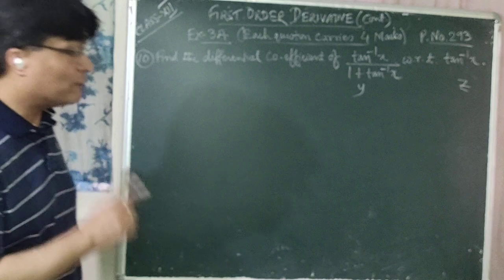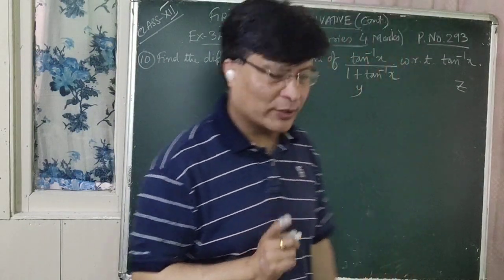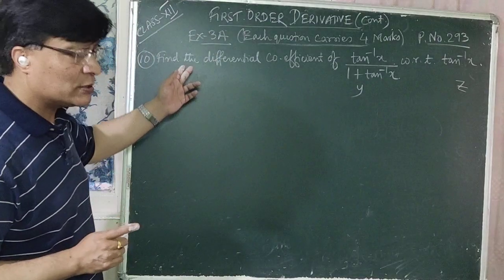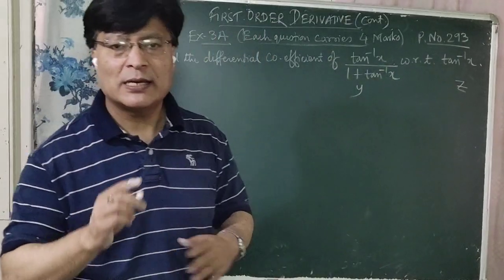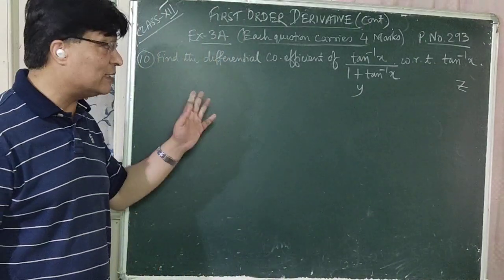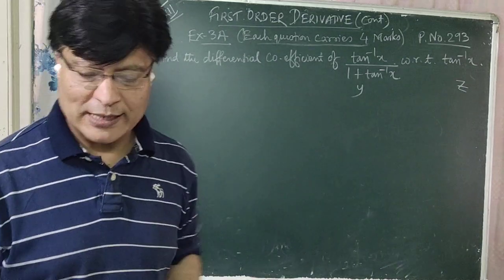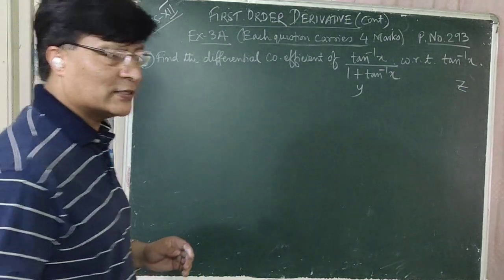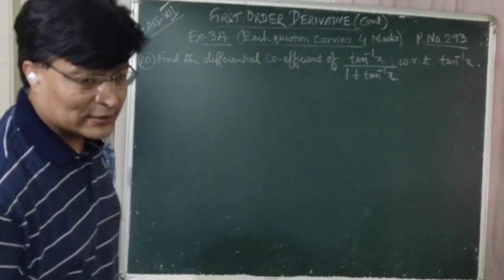Differential coefficient, differentiation and derivatives have the same meaning. Okay? So this question now becomes, find the differential coefficient of y with respect to z. That means mathematically you have to get the value of dy by dz. Is that clear? So let us assume the first function as y and the second function as z, and you have to calculate dy by dz.